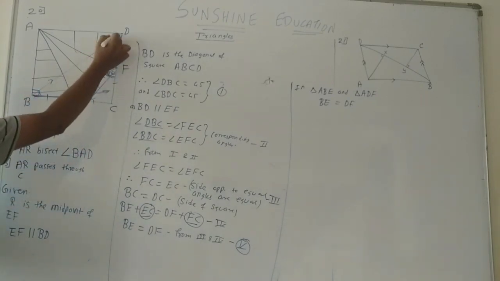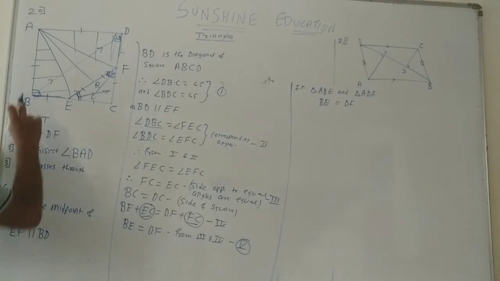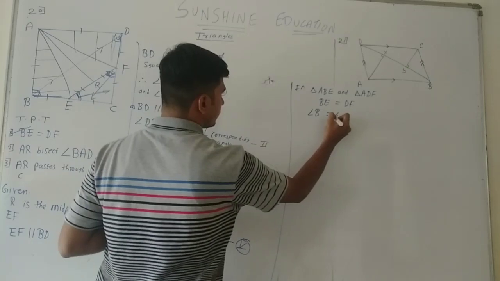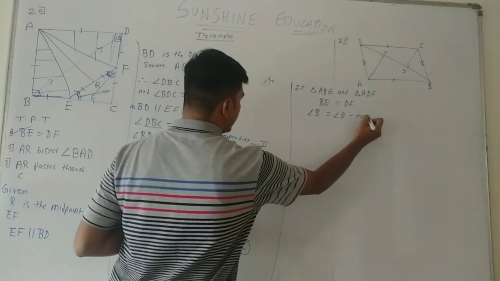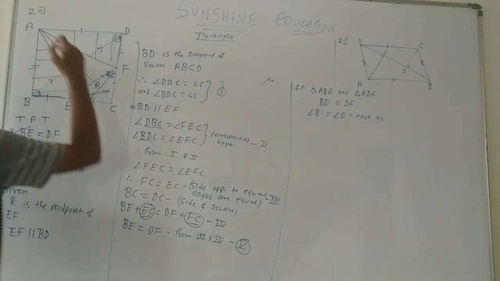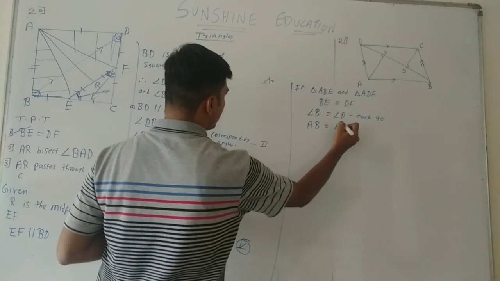We know that this is 90 degrees, and we also know that these are the sides of the square. Therefore, I can say angle B is equal to angle D, each 90 degrees, and AB is equal to AD, sides of square.